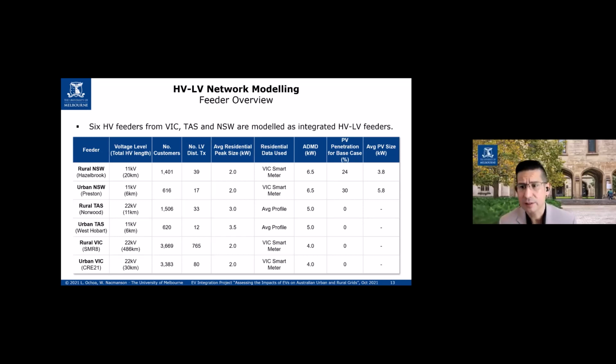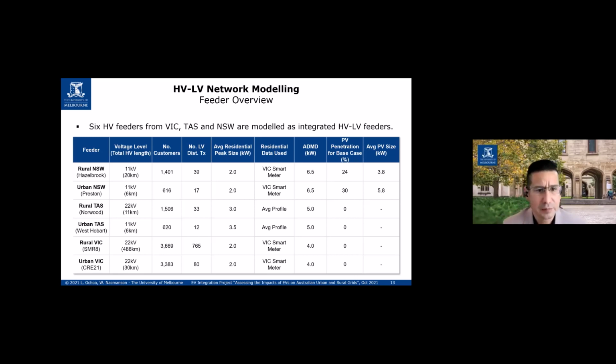Important to see as well that in terms of photovoltaic penetration, we only captured the existing photovoltaic penetration for the New South Wales feeders, which is around 20 to 30%, which is not small at all. We don't have photovoltaics, at least in the models, for the TAS networks and the Victorian networks.